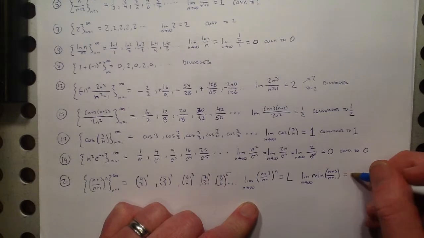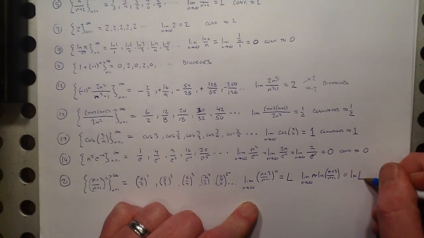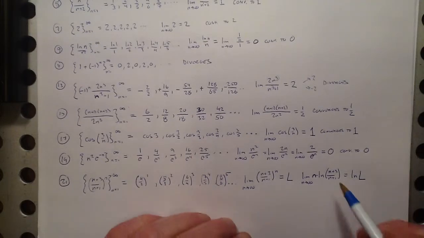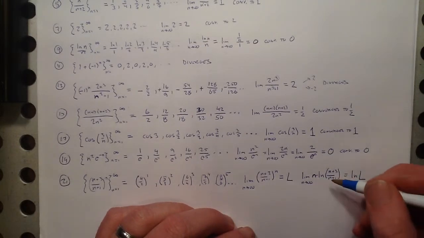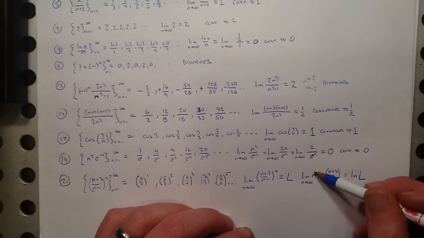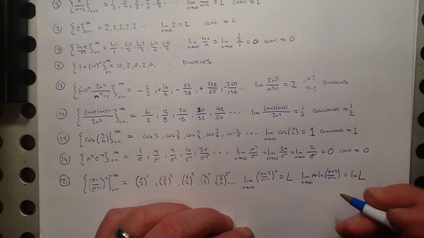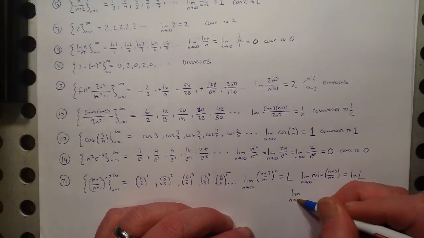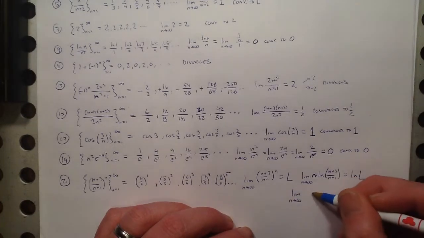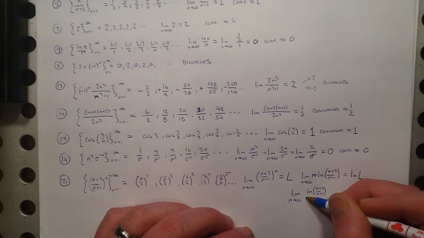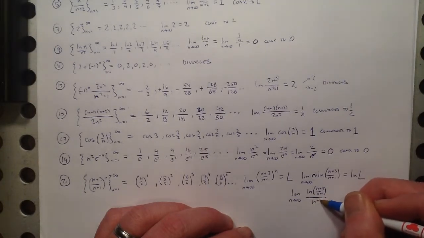It's going to be equal to natural log of L. And then this right here can be turned into a L'Hopital form if I move this to the bottom as n to the negative 1. So that bottom part is going to look now like natural log of n plus 3 over n plus 1 over n to the minus 1.